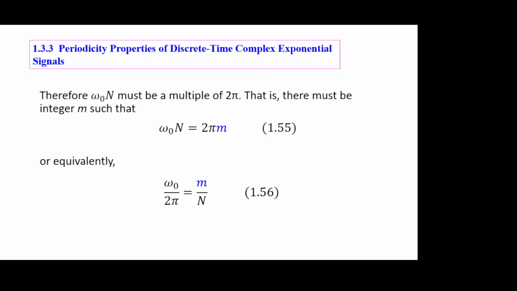So actually there is only a small number of omega naught that give you a periodic function. Omega naught needs to be a rational multiple of 2 pi for your signal to even be periodic. Okay, any questions here? This is the important concept here.